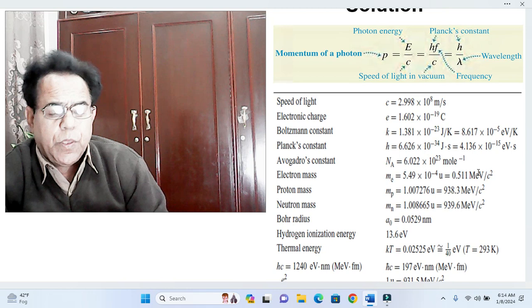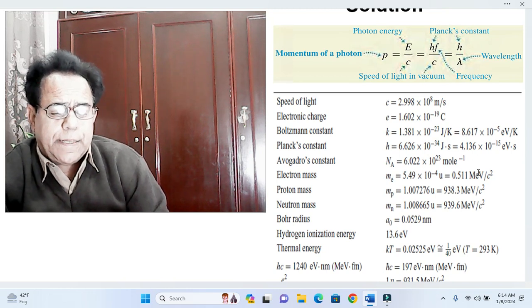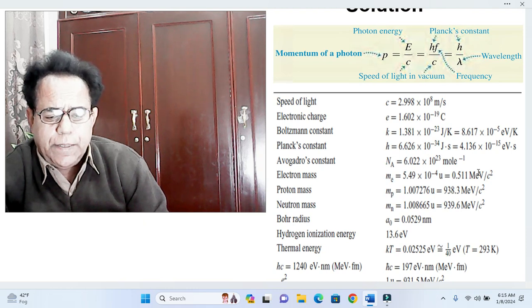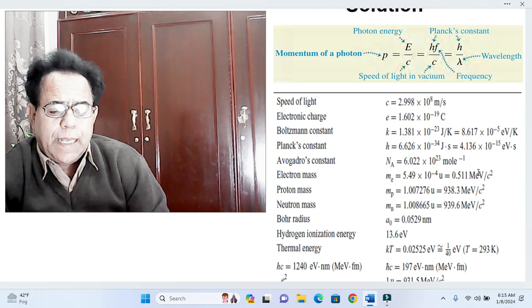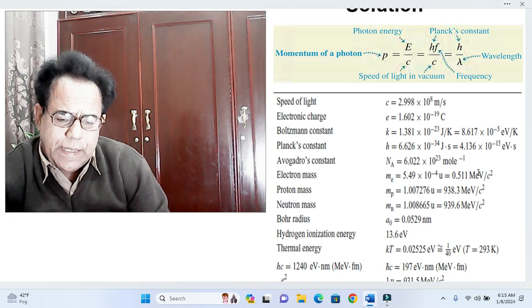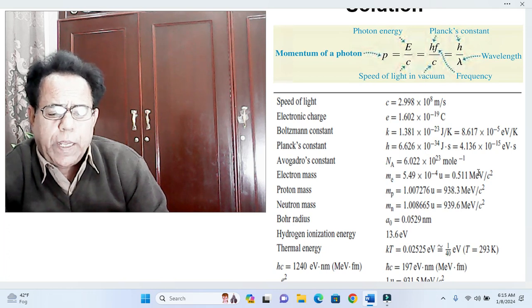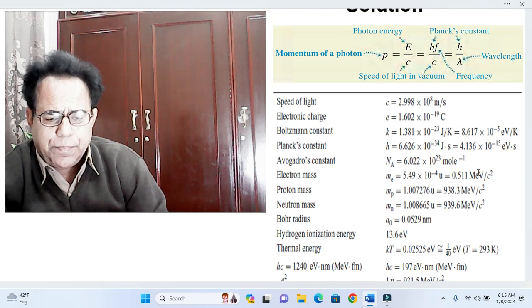This alternatively becomes hf over c, where h is Planck's constant and f is the frequency, while c is the speed of light in vacuum. In the third stage, it becomes h over lambda, where h is Planck's constant and lambda is the wavelength.